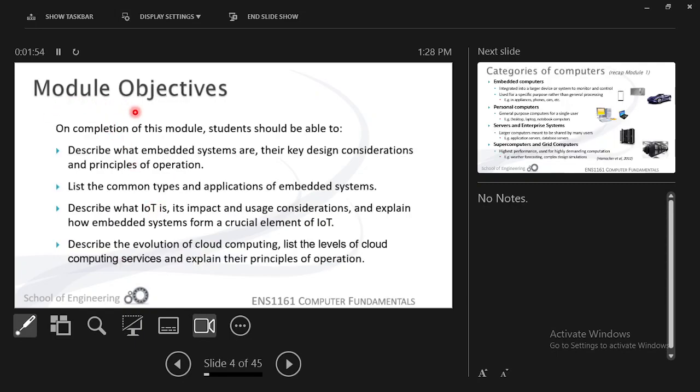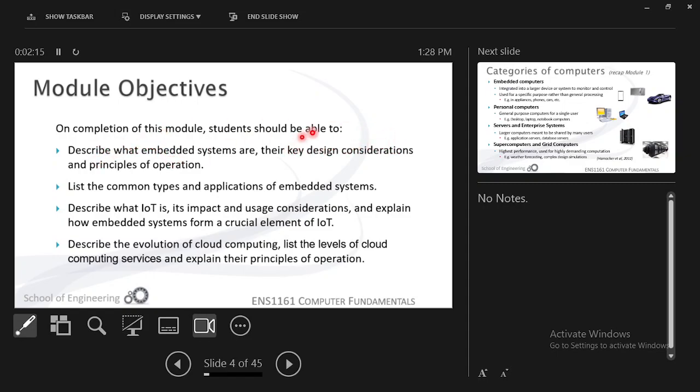The module objectives for today: on completion of this module, students should be able to describe what embedded systems are, the key design considerations and principles of operations.